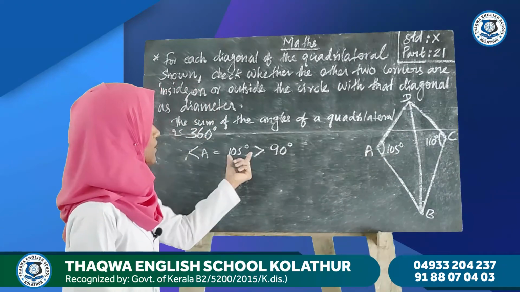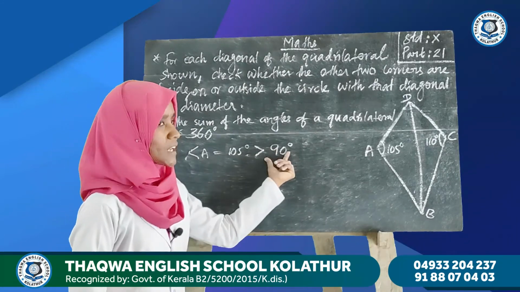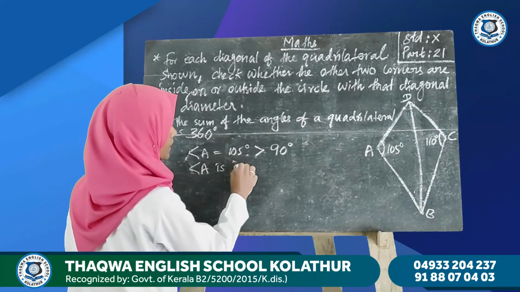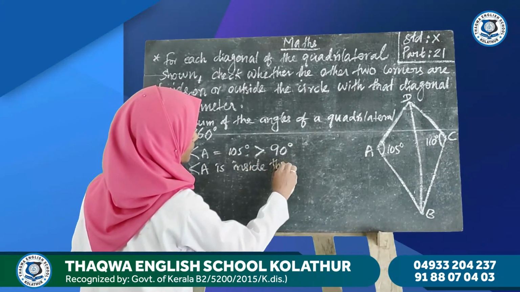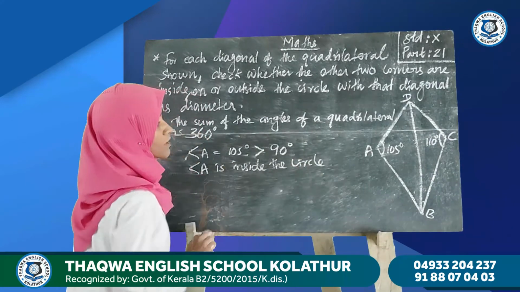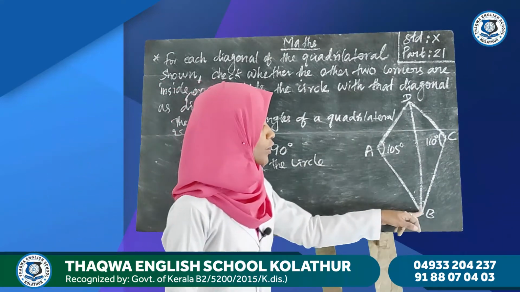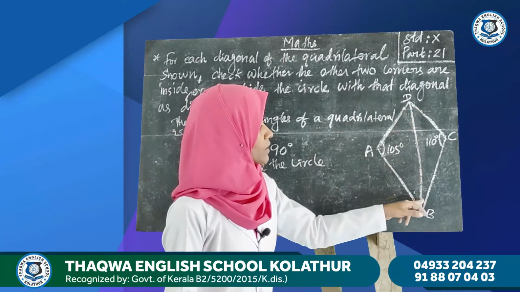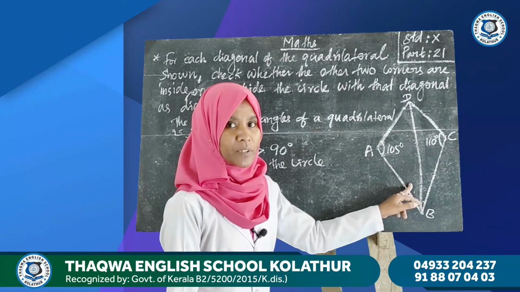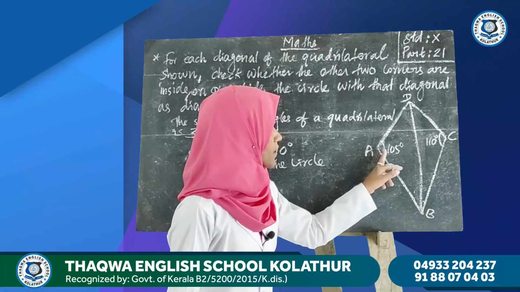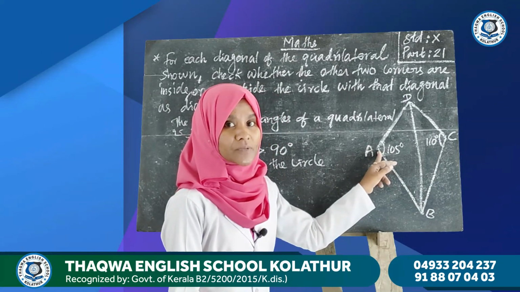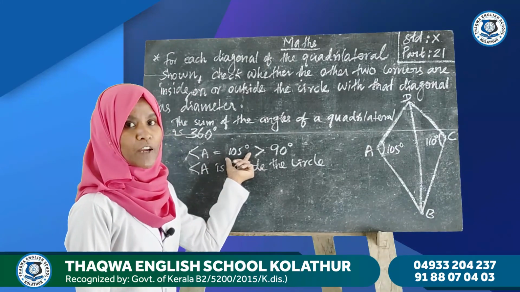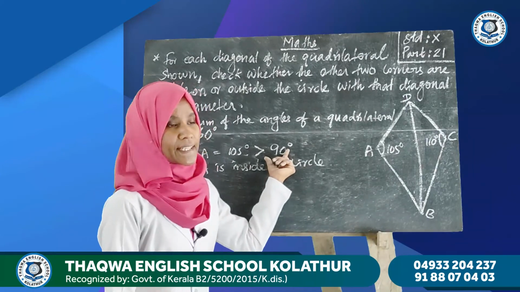What is the reason? 105 degrees is larger than 90 degrees. If we draw a circle with the diagonal BD as diameter, the position of the vertex A is inside the circle because 105 degrees is larger than 90 degrees.